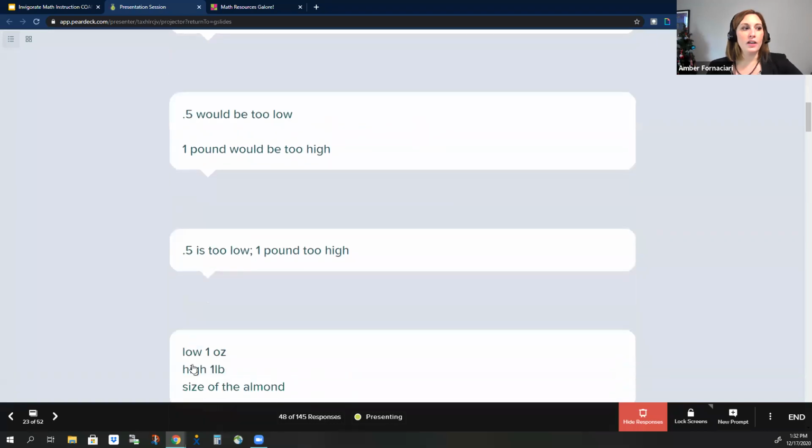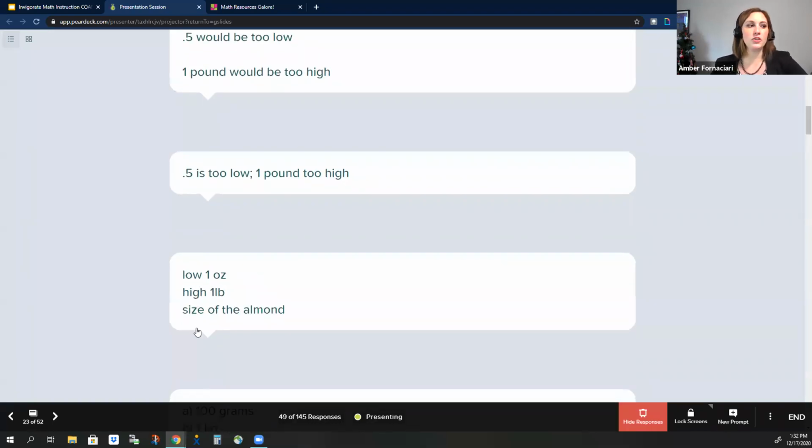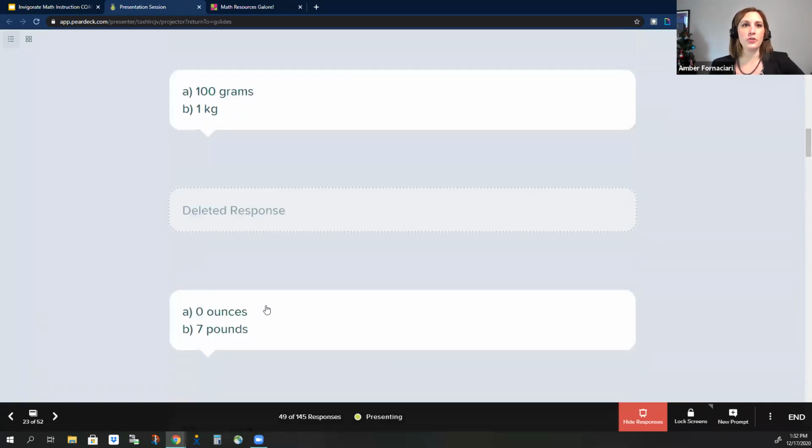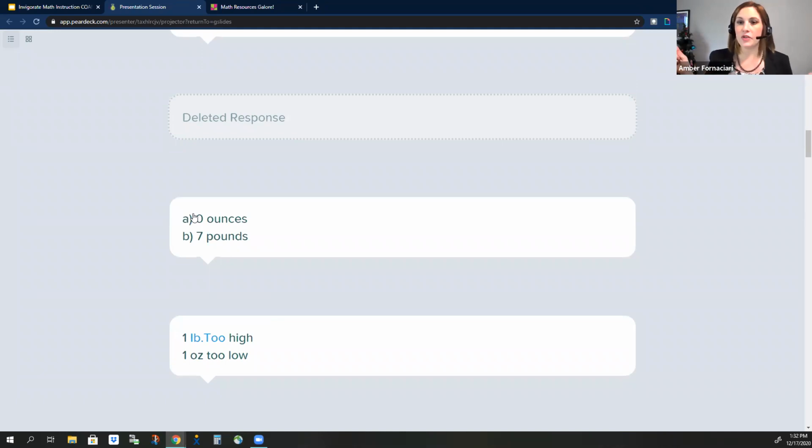Right off the bat, you are scaffolding for your students. What is a guess that's too low? What is a guess that's too high? So then where does my guess fall in the middle of that? And as you share what other people's ideas are, what I love about Pear Deck is you can change your response, and it's anonymous.